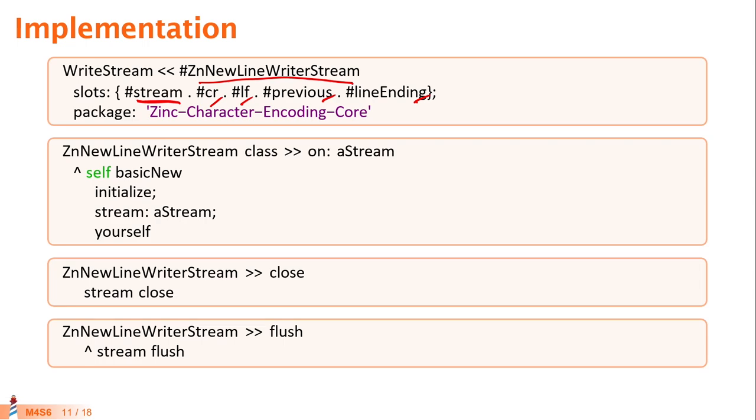And then it needs to implement all the basic API of streams, like for example, close and flush, to be able to be polymorphic with the original stream that it is going to be wrapping. So here we see the close method just calls the close method in the stream, and the flush method calls the flush method in the stream.